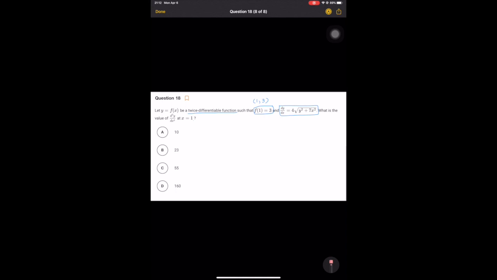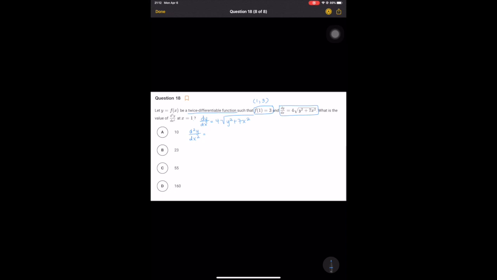Okay, so they gave us the first derivative, dy dx equals 4 times square root of y squared plus 7x squared. That means that our second derivative would be, and here we have to be careful with what we have.